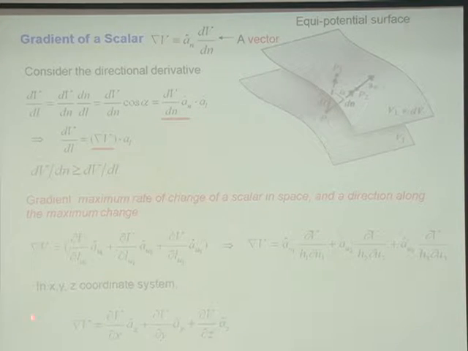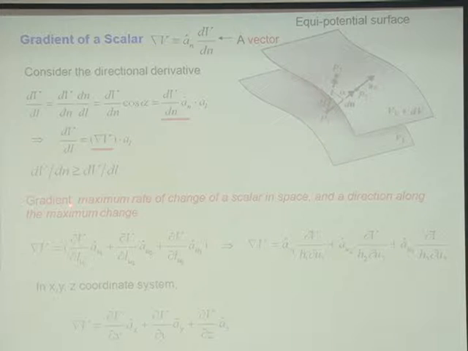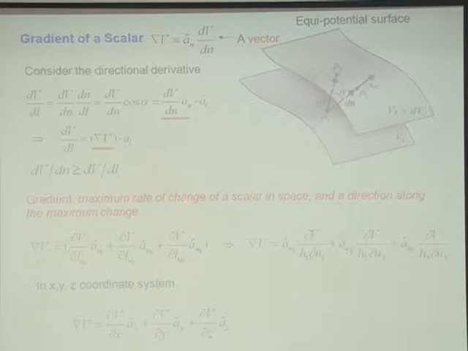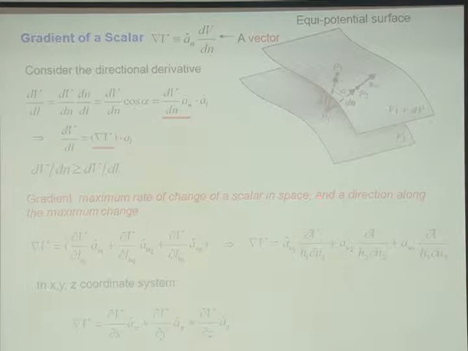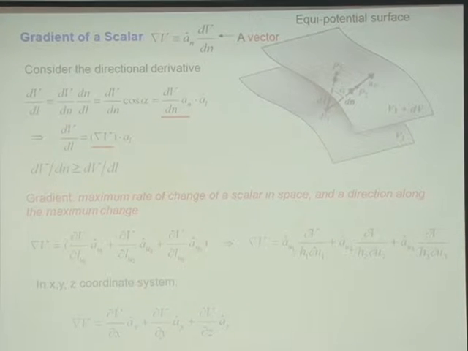And this mathematical form allows you to calculate the maximum rate of change of v in space, and the direction is along the maximum change direction.